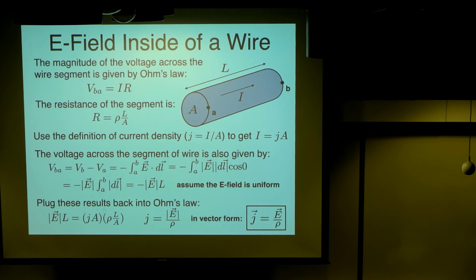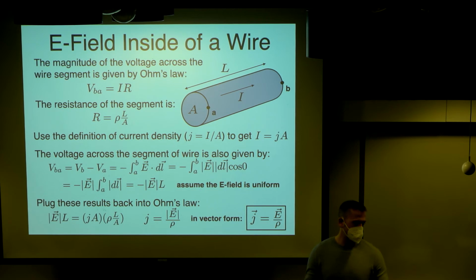You can also write this in vector form, by the way. Let me just explain how that works. J as a vector equals E as a vector divided by rho. So what this is saying is E is going to be pointing in a certain direction. It's pointing in the same direction that your conventional current is flowing, which is the direction of this J vector, okay?